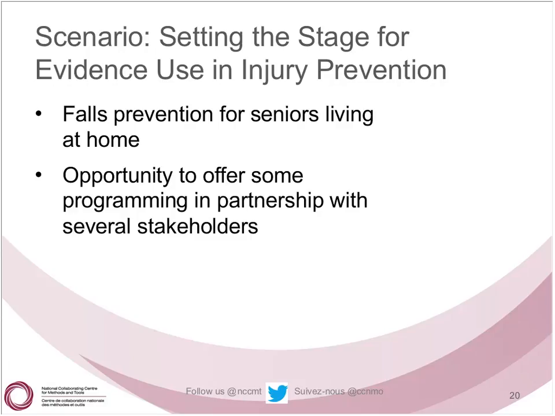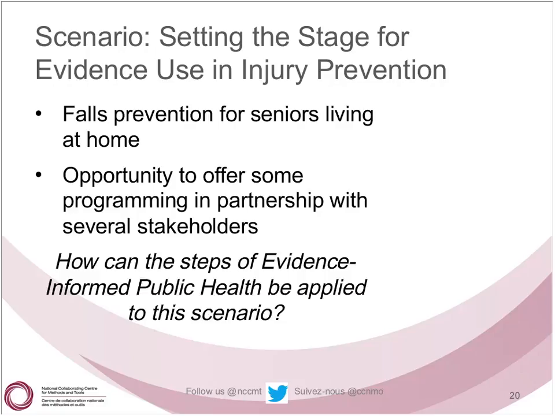And so sometimes this context leads you to ask the question about, what is it that works for this particular issue? So in this case, what is it that works for falls prevention for seniors who are living in their own homes? So our question here is, how can the steps of evidence-informed public health be applied to this scenario?